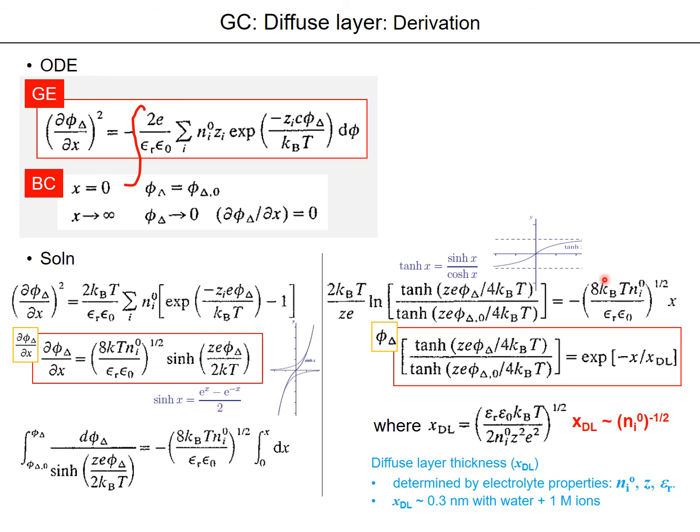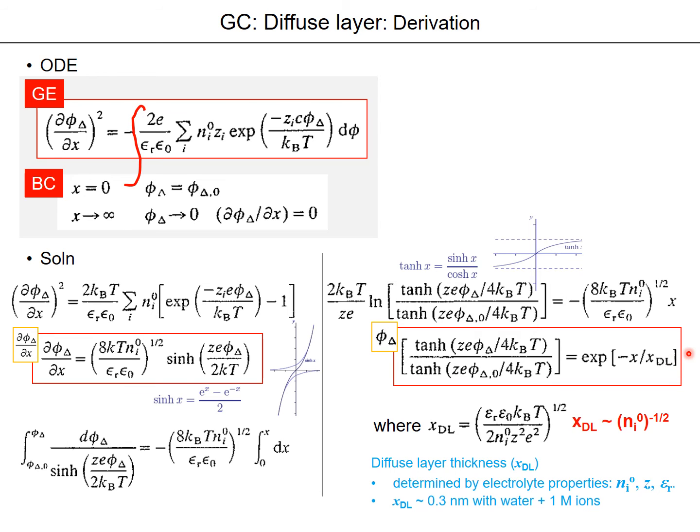You can find the hyperbolic tangent function of potential, and by reshuffling this equation and also by gathering some parameters into one parameter, you have obtained this one: the hyperbolic tangent function of G e phi delta over kT, and in the denominator the value of the potential at the surface, is equal to exponential of minus x, the distance, over some value.